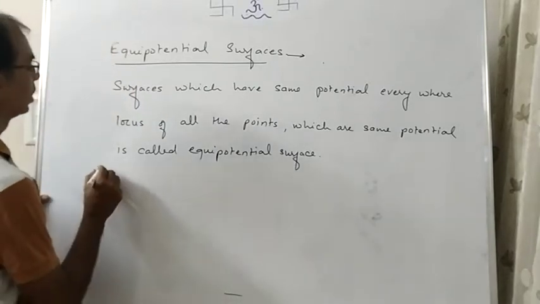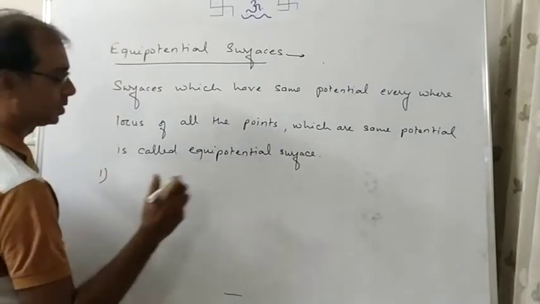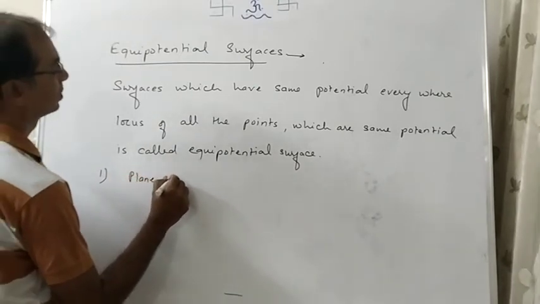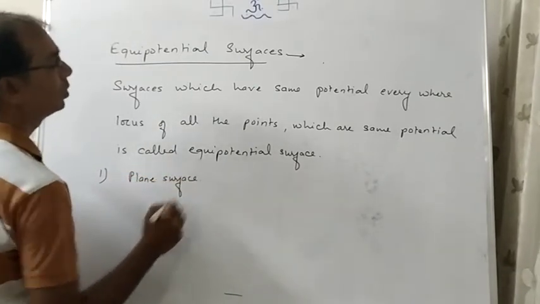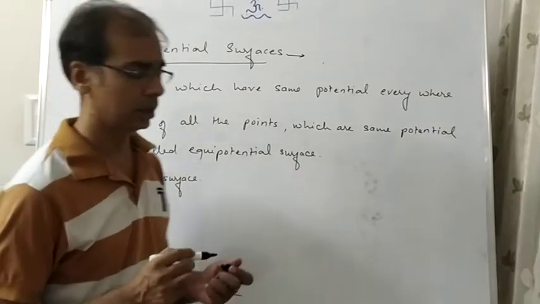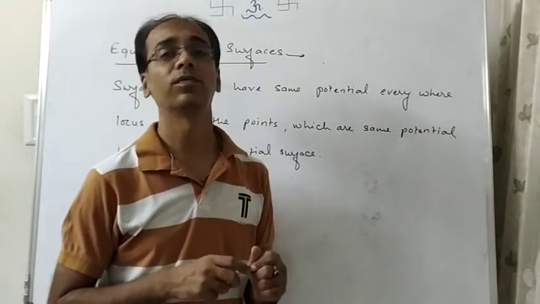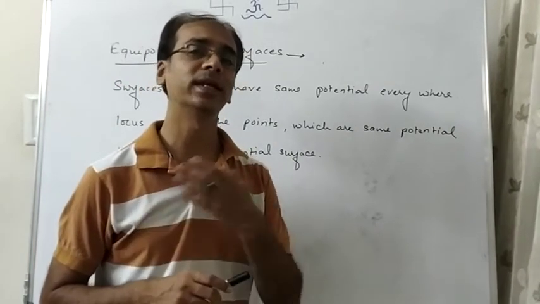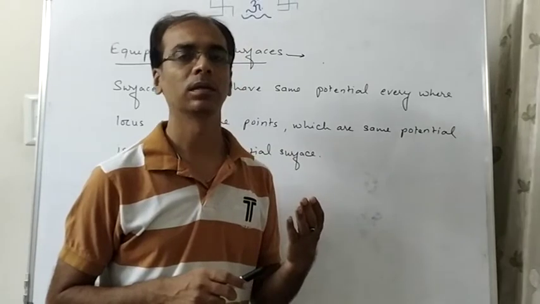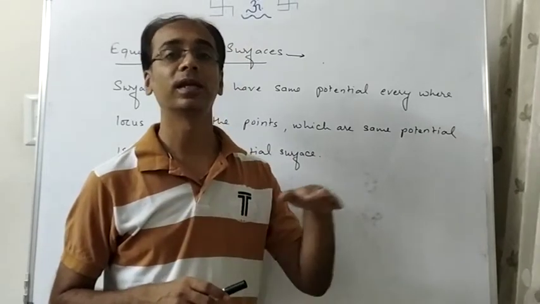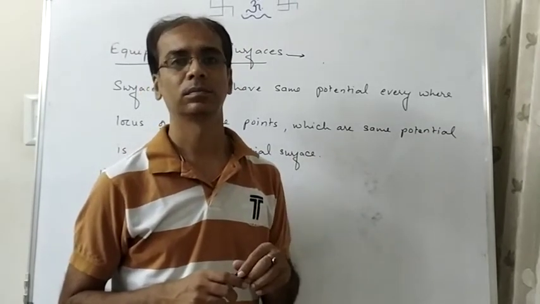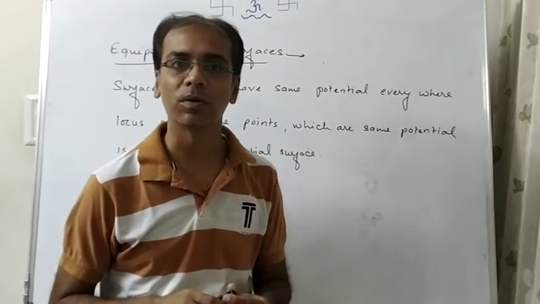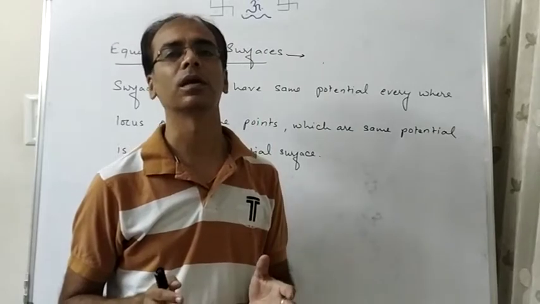One is a plane surface, a flat surface. Do you remember when we used to get a plane wavefront? We used to say that when the source of light is at infinite distance, the rays from infinite distance become parallel, and the light rays are always perpendicular to the wavefront. Absolutely the same thinking here.